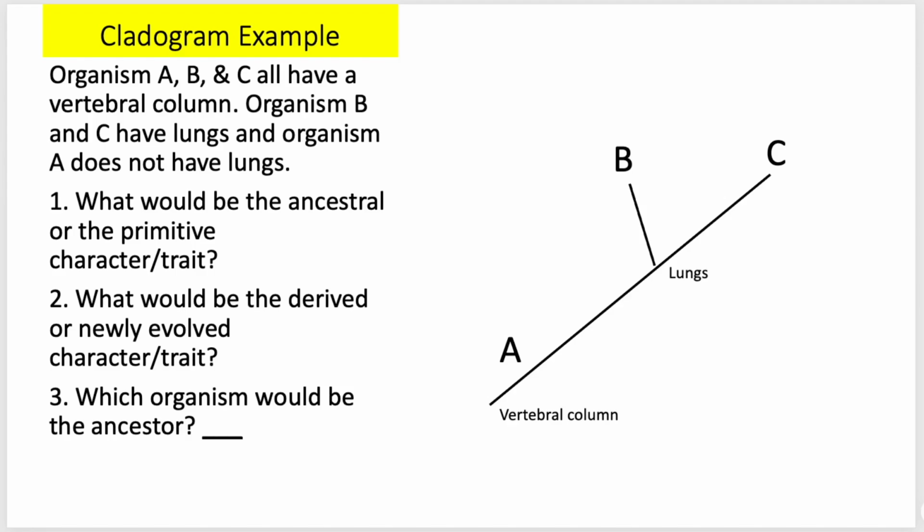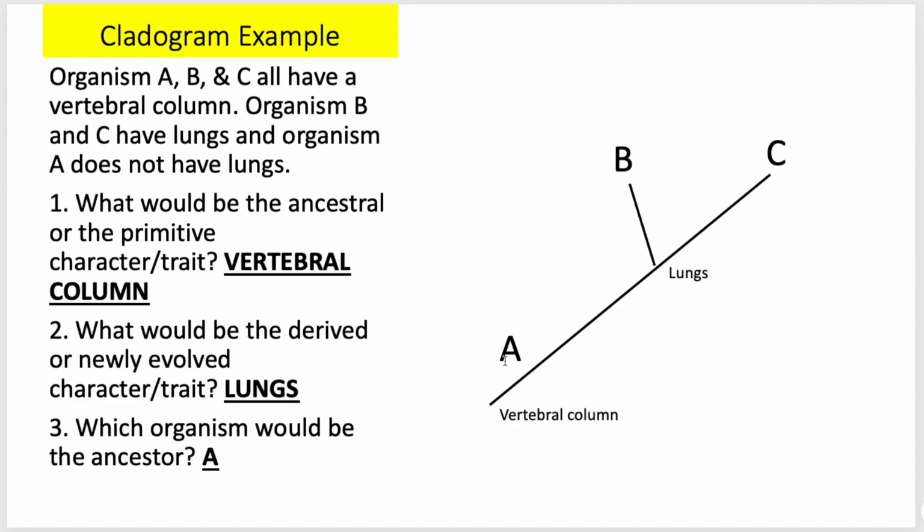So the question is, well, what would be the ancestral or the primitive character? So what trait pops up first? Well, that's going to be the vertebral column. And then what would be the derived or newly evolved character trait? That would be the lungs, because it comes later in the cladogram, right where that branch occurs in the Y. So which organism would be the ancestor?